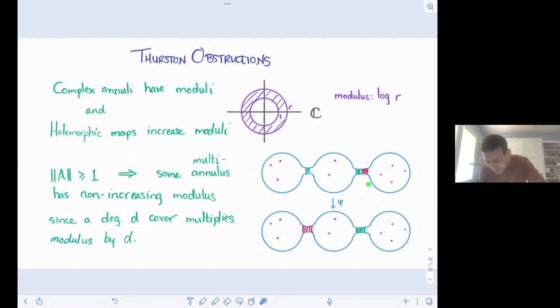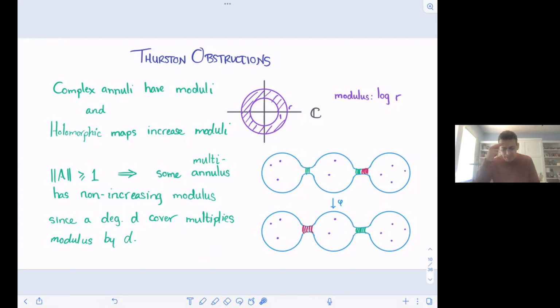You can also see that something predictable happens when you put 2 of these annuli together: the modulus adds. And so what that matrix is doing is checking if you can find a collection of annuli up here that when you map forward, the modulus doesn't increase like it's supposed to.